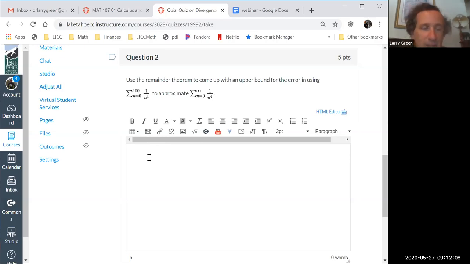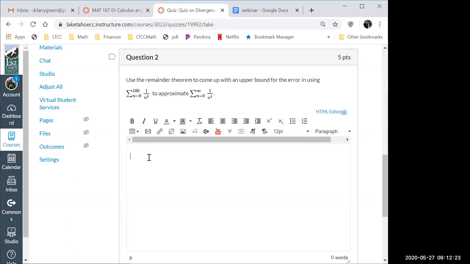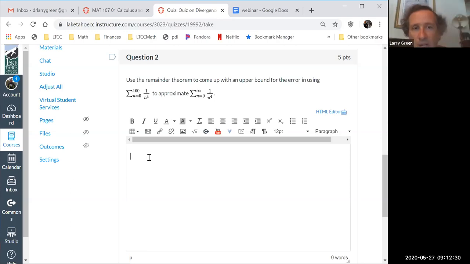Okay, so what does the remainder theorem say? Can you remember from this section? We can integrate and take a limit as n goes to infinity.